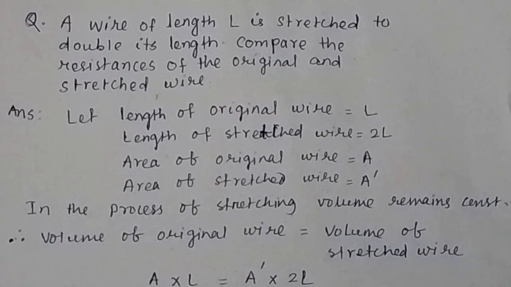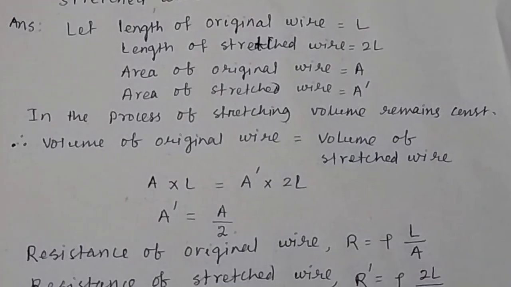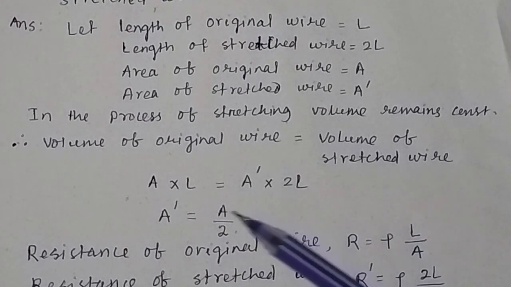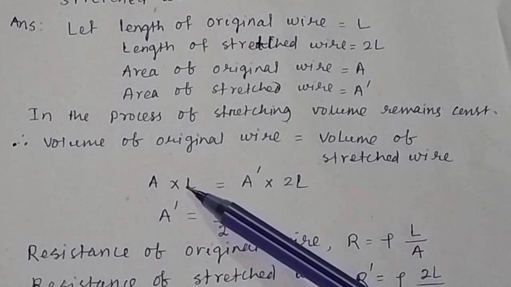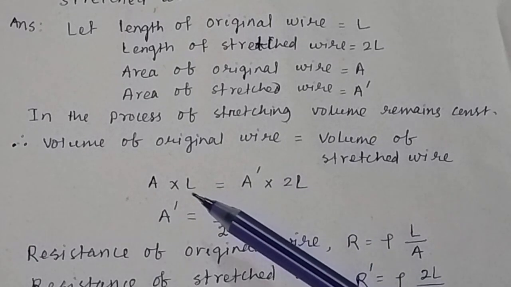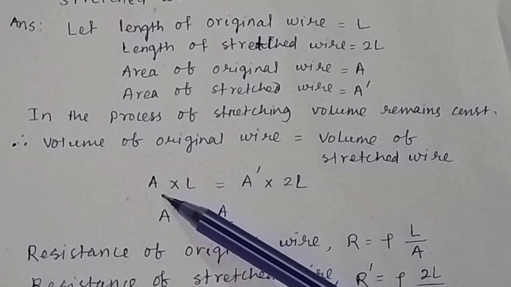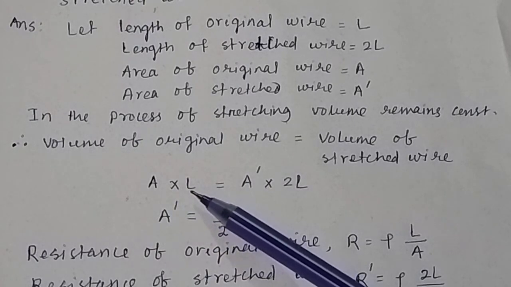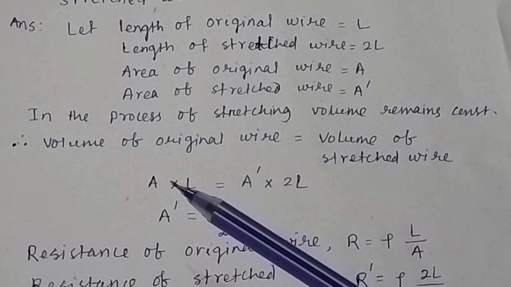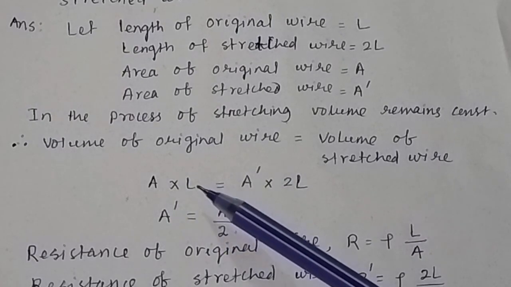So if you compare the volume of the two wires, that is the original wire and the stretched wire, then the volume of the original wire will be equal to the volume of the stretched wire, because we know the volume is given by the formula area into length. The wire is in the form of a cylinder, so the volume of the cylinder will be equal to area into length.